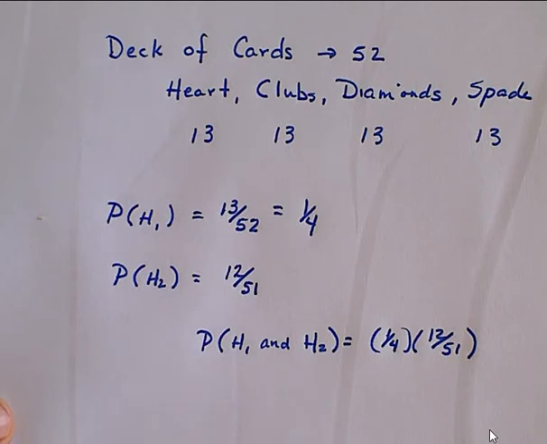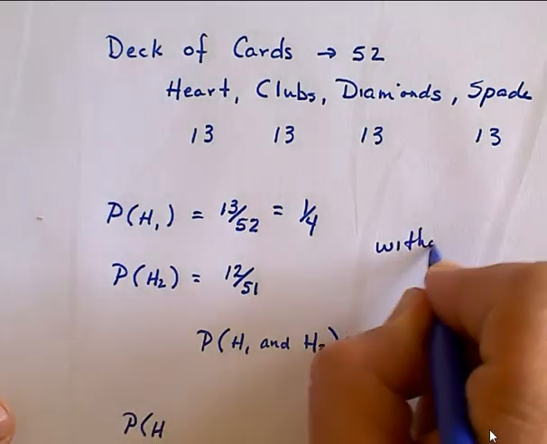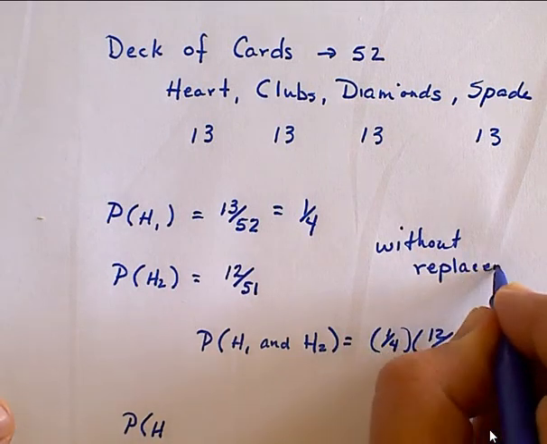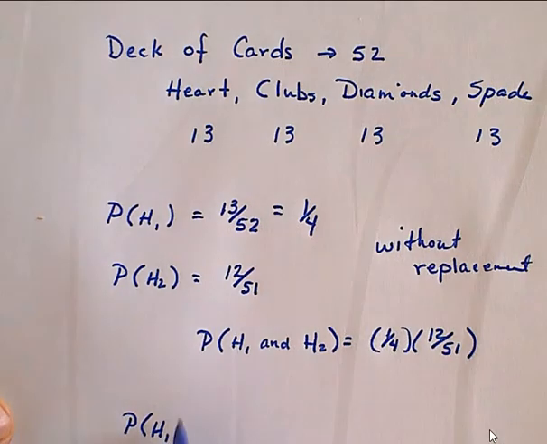Okay? So let's say, for example, I take the card and plug it back in. I do replace it. So the probability of heart 1 is still 1 out of 4. When I plug it back in, it still means I have 13 hearts available, because I might choose the same card again, coincidentally.